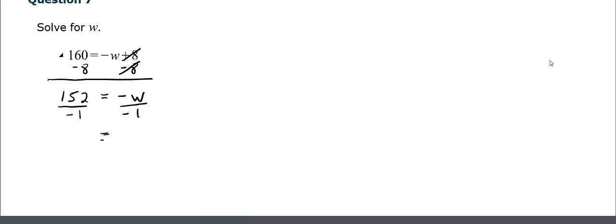Because a negative over a negative is a positive, and remember, any value over 1 is that value. So in this case, w. And 152 over negative 1, a positive over a negative is a negative. And all this is going to do is change it to negative 152 as our answer.